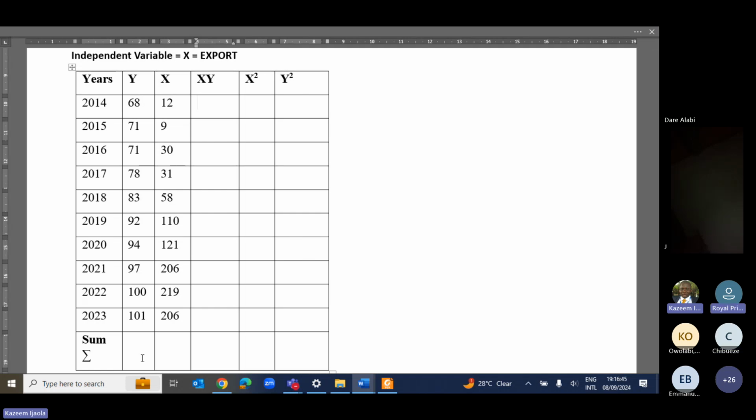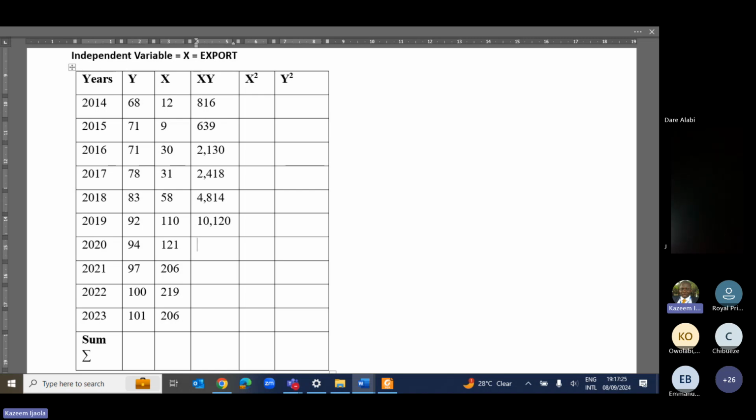So 68 times 12 is 816. 71 times 9 is 639. 71 times 30 is 2130. 78 times 31 is 2418. 83 times 58 is 4814. 92 times 110 is 10,120. 94 times 121 is 11,374. 97 times 206 is 19,982. 100 times 219 is 21,900. 101 times 206 is 20,806.